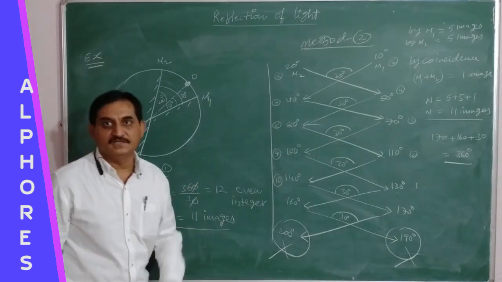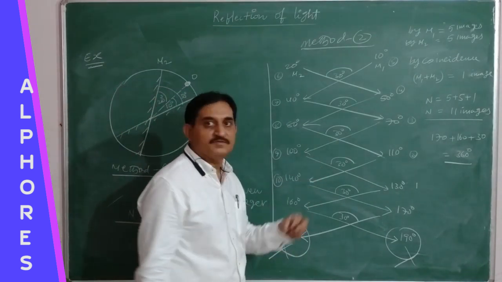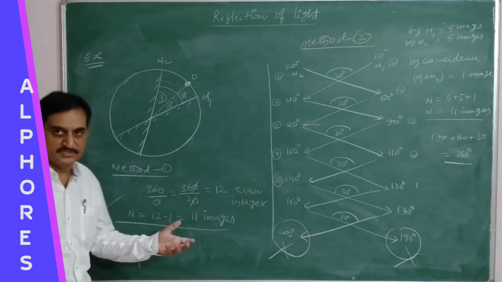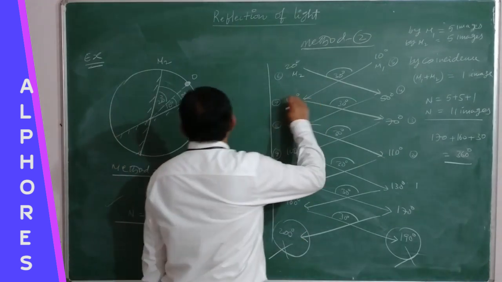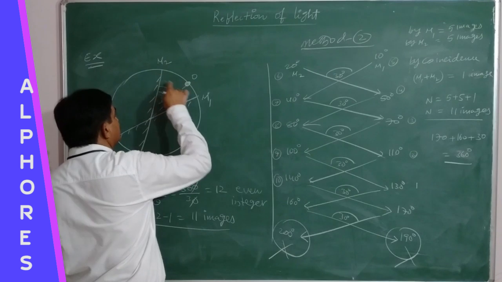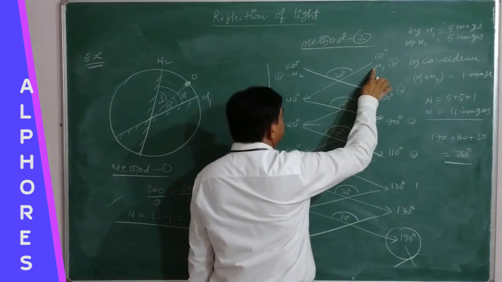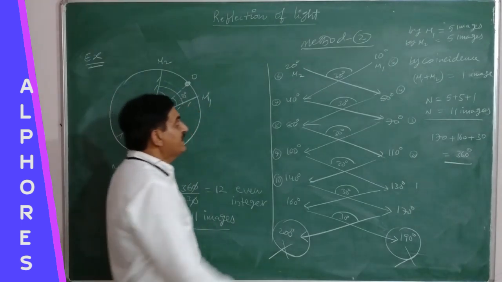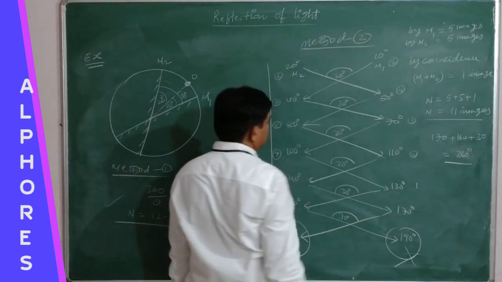Another method is also one of the important, logical methods, and it is very simple for solving this problem. See here, the object with reference to M1 is 10 degrees and with reference to M2 is 20 degrees. This is M1, this is M2, 10 degrees and 20 degrees, so the angle between the two mirrors is 30 degrees.